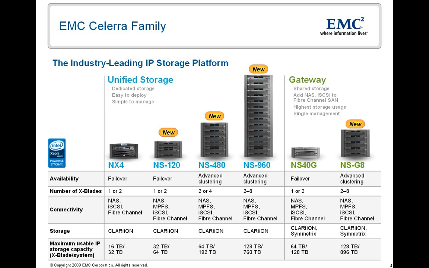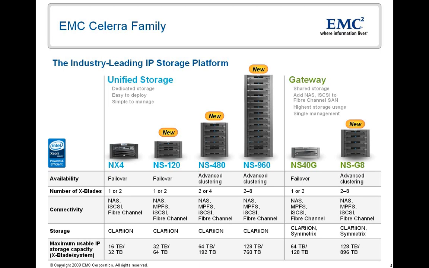I'll let you take a second to look at this particular slide, and again I will make these slides available to you. As you look through the portfolio, really the difference between the left hand and the right hand is that we offer a gateway. So if you already have an investment, whether it's a Clariion or a Symmetrix, we would just bolt on the file heads, and we'll talk a little bit about what that means and the architecture there.